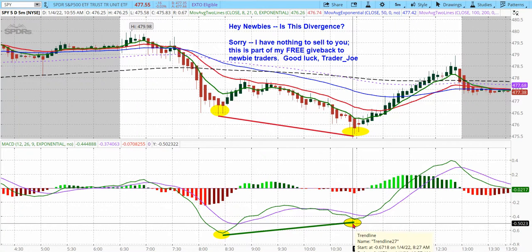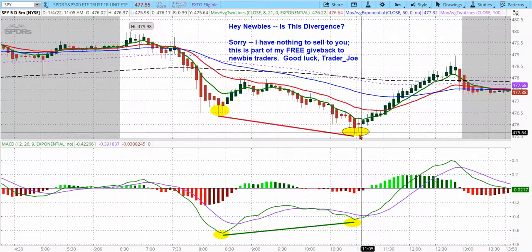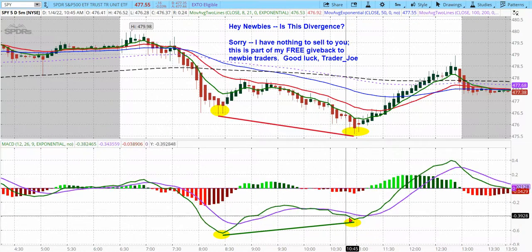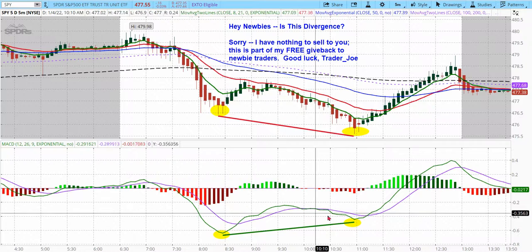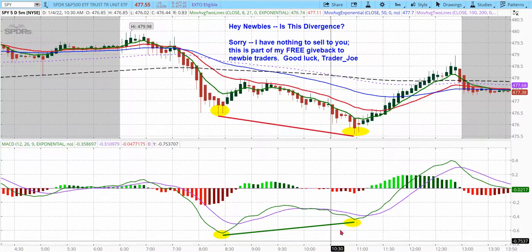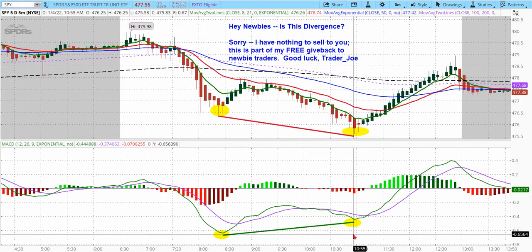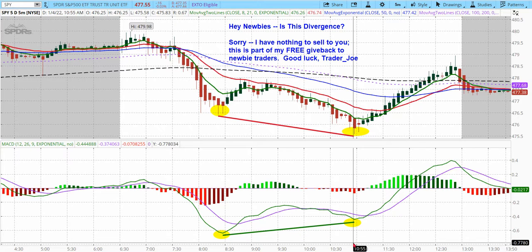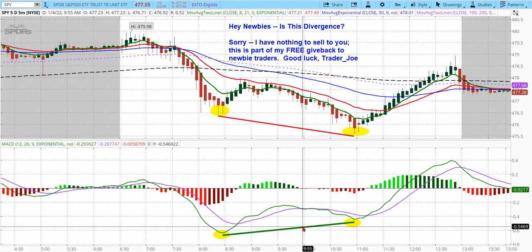Price is getting stronger even though here it's going down. The indicator is telling you that the average, MACD average, is not going all the way down to here where it could have been, or it could have even come down further, okay? Then you don't have divergence. But this is beautiful divergence.